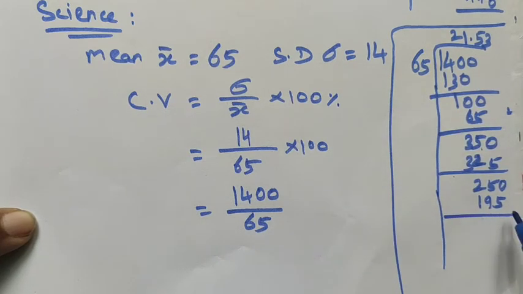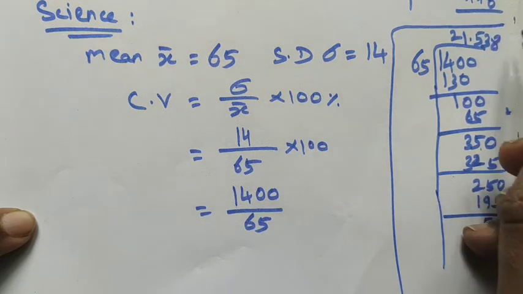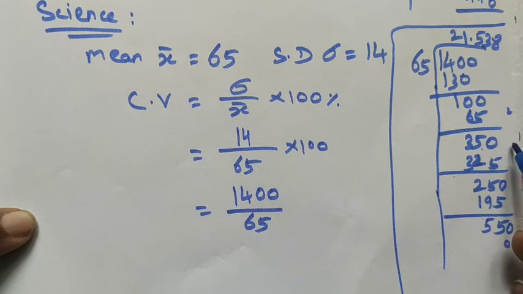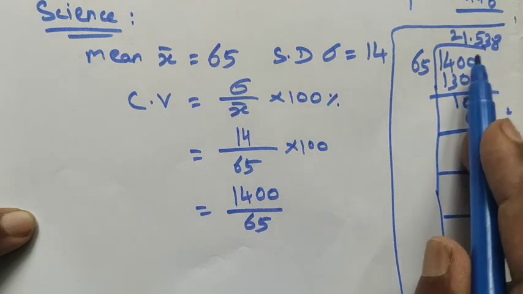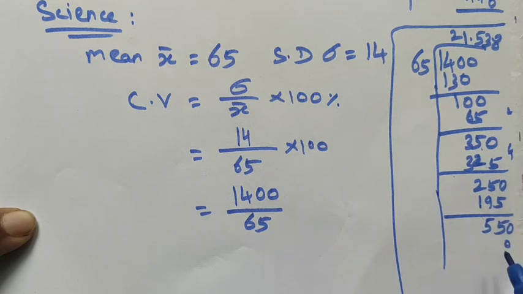When you subtract this we get 55, 550. We get clearly 8 times. 8 6s are 48, 8 5s are 40, 0 remainder 4, 48 plus 4 is 52.